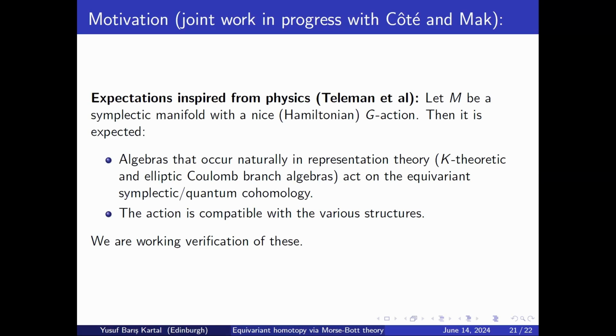So you can see M as a geometric realization of some block category associated with Morse-Bott. I'm ignoring everything Morse-Bott and equivariant. And you can see that there is a geometric realization of something else.